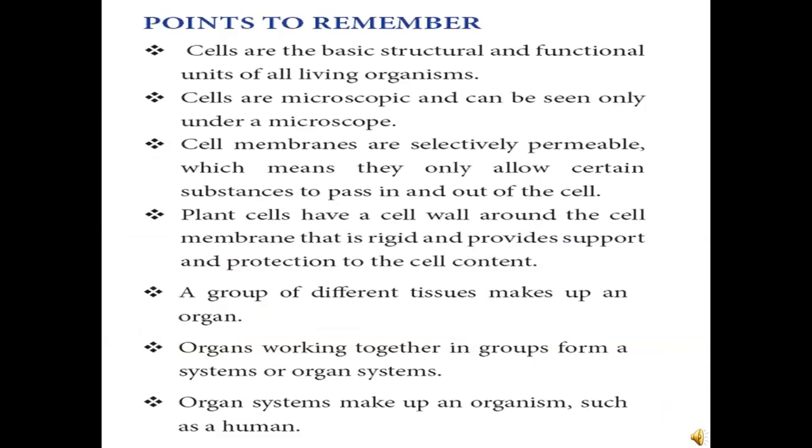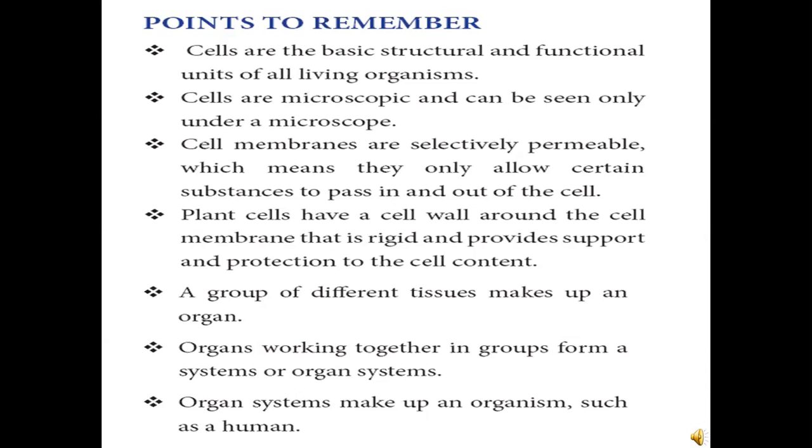The important points from this lesson: cells are the basic structural and fundamental units of all living organisms. Cells are microscopic and can be seen only under a microscope. Cell membranes are selectively permeable, which means they only allow certain substances to pass in and out of the cell.